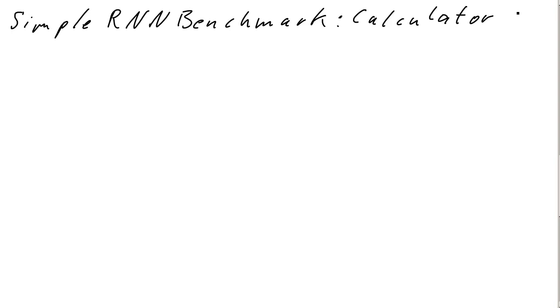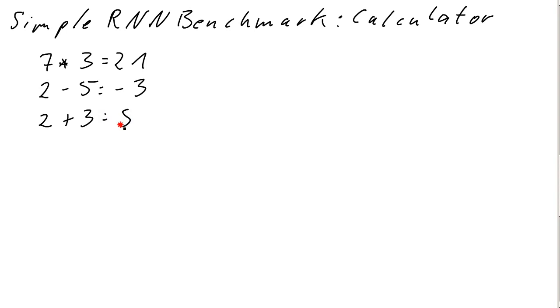That means, for example, 7 multiply 3 is 21, or 2 minus 5 is minus 3, or 2 plus 3 is 5.